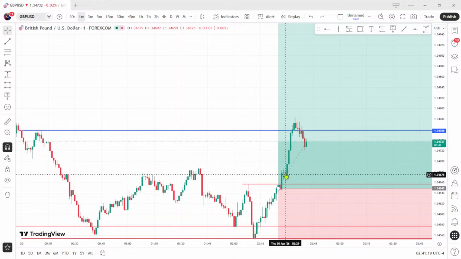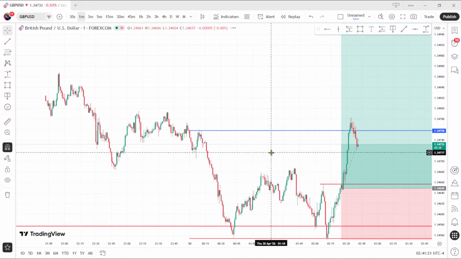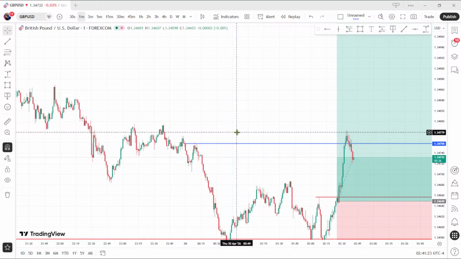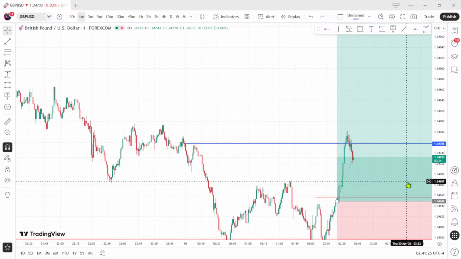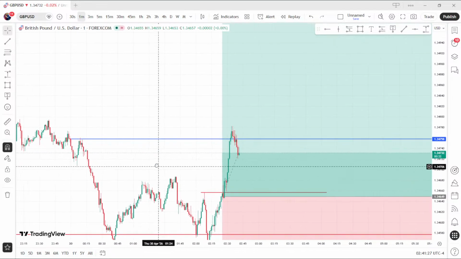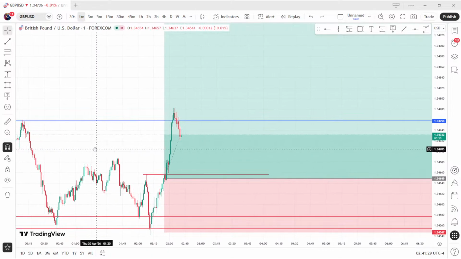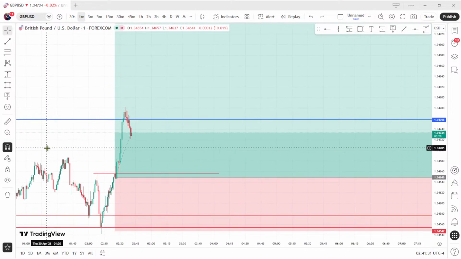I don't want to see price coming below this order block. I'll leave it at this point and see what price will do.